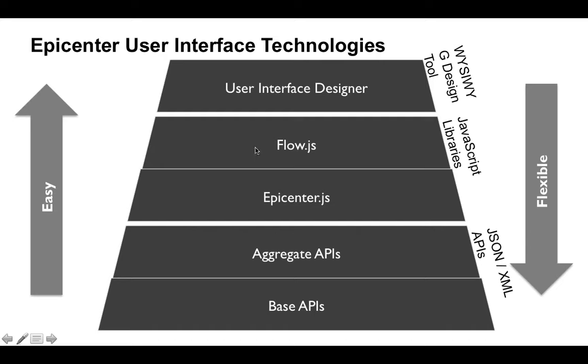Below that is Flow.js, which uses some simple HTML and JavaScript. Then there's the Epicenter library, which is lower level but still uses JavaScript. And then you can get down into using the APIs directly if you want to. As you go up this pyramid, things get easier to use, but the trade-off is that you have less flexibility.